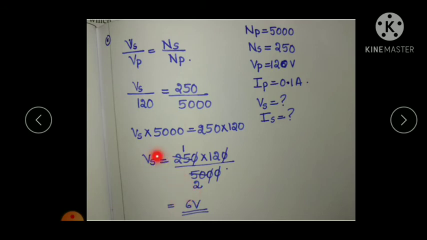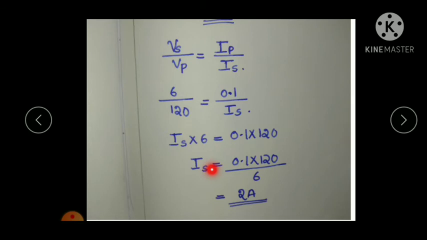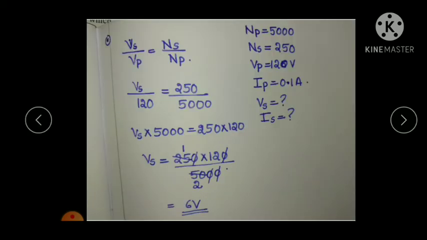If we know the value of VS, then we can find IS. For that we have to use this equation, VS by VP is equal to IP by IS. Substitute the values, cross multiply, so that you will get IS is equal to 2 ampere. So write this equation and answer in your notebook.